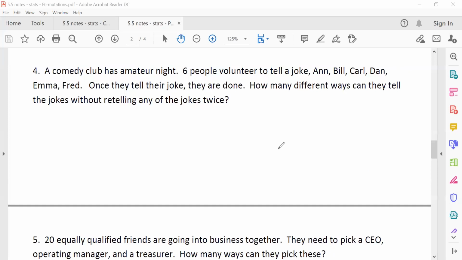So basically, how many different ways can we permute the 6 people here? How many ways can we take 6 people, choose all 6 of them, and then rearrange those 6 people? So you could just automatically jump the gun and say that's 6 factorial.